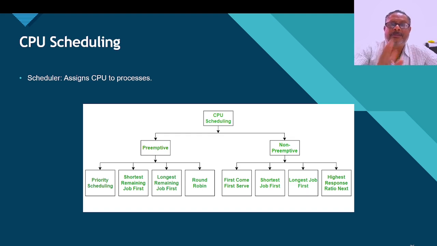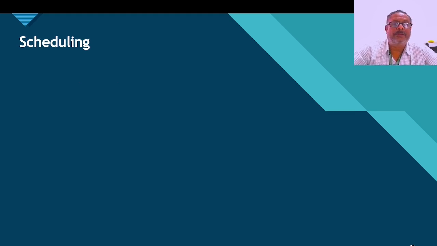Non-preemptive scheduling means once a particular task has started executing, till the execution is completed, other tasks cannot be taken up. Under preemptive, we have different types like priority scheduling, shortest remaining, longest remaining, or round robin. Under non-preemptive, we have first come first serve, shortest job first, longest job first, or highest response ratio next, like different types of scheduling algorithms.